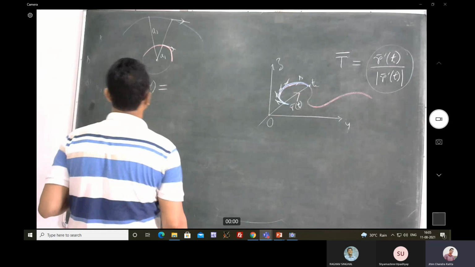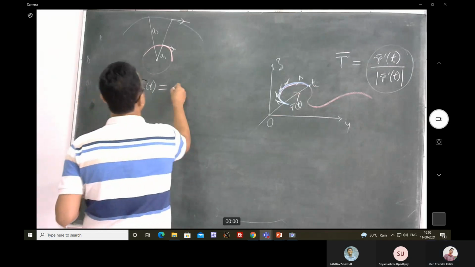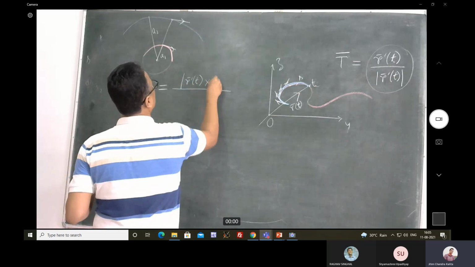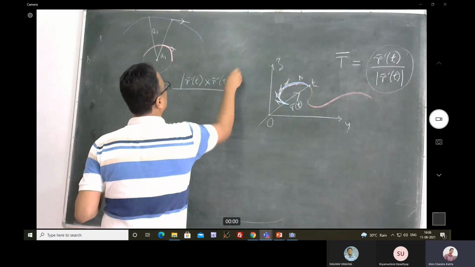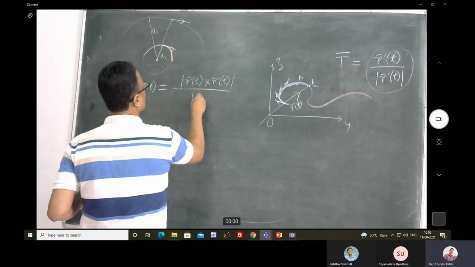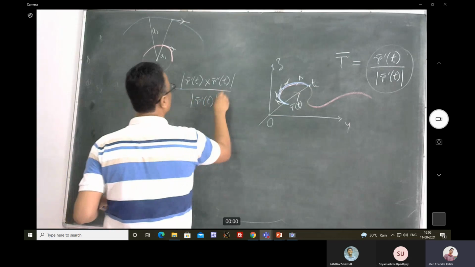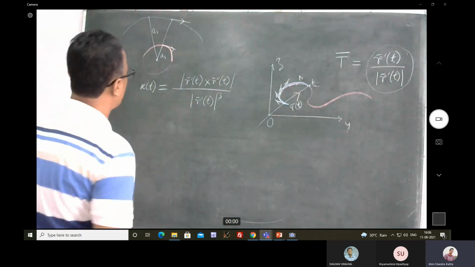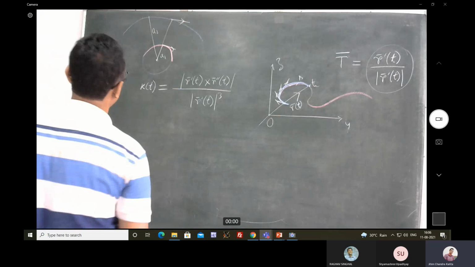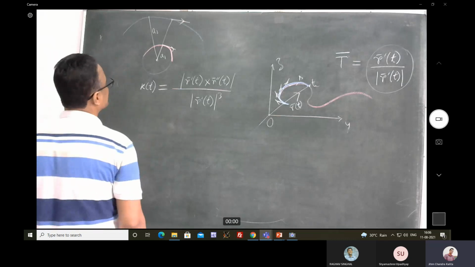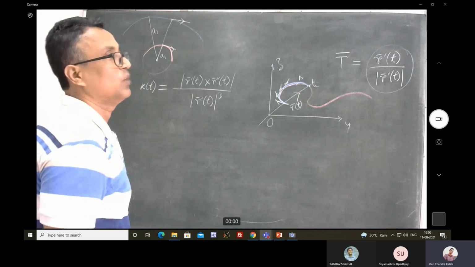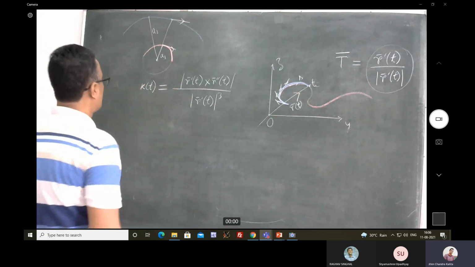Now the curvature is also expressed by this formula, divided by the magnitude of r prime t whole cube. How to go about it? You will see that this mathematical manipulation is very interesting, and it is going to involve a lot of properties of vectors that we have learned earlier.